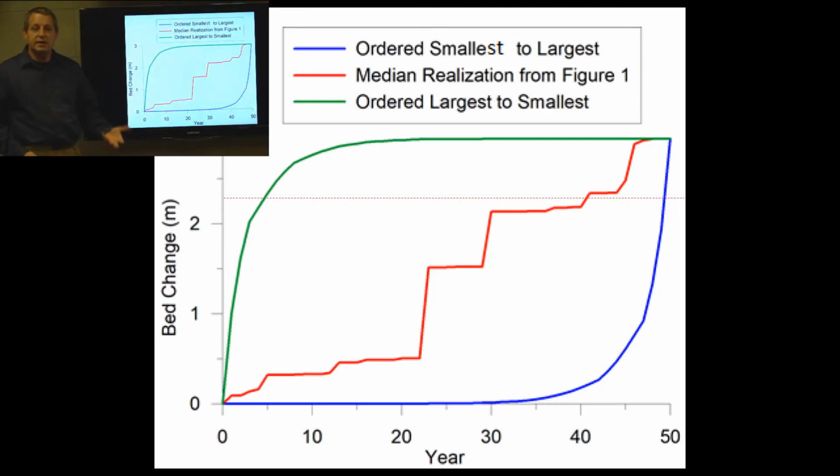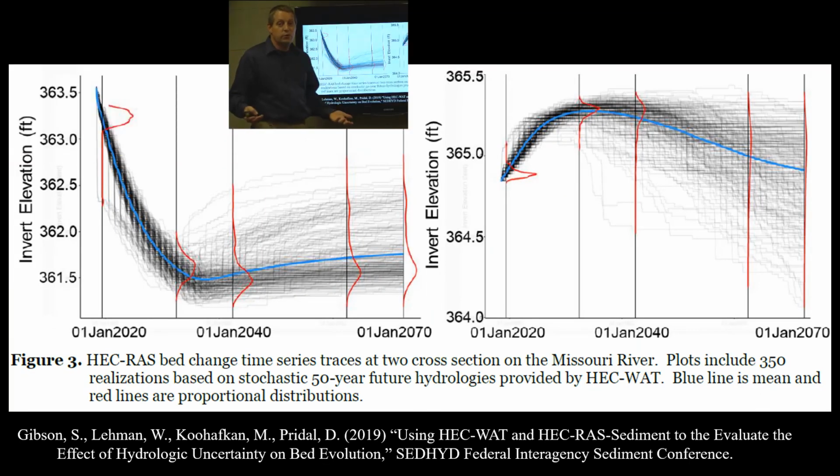And so what we did is we hooked up the 1D sediment transport model in HEC-RAS with the stochastic bootstrap hydrologic realization engine in HEC-WAT, and we ran 300 realizations of future deposition and erosion in a mobile bed framework to look at, at the end of the project life, what is the portfolio of bed changes that we could be looking at to actually develop some quantitative uncertainty associated with the sediment dynamics into the end of project life.